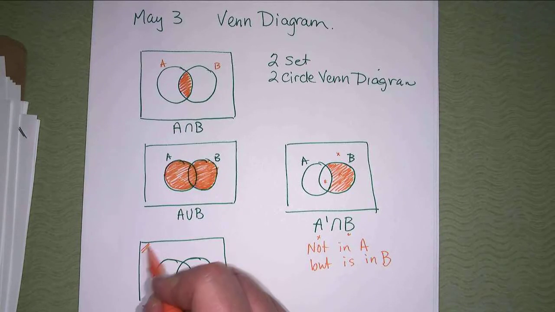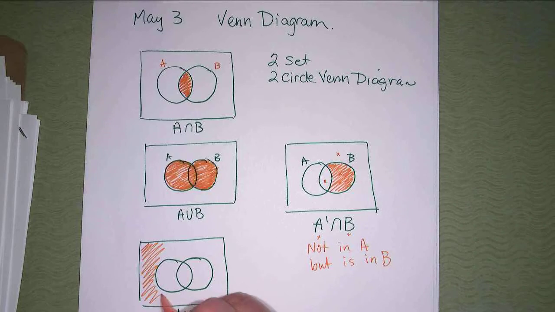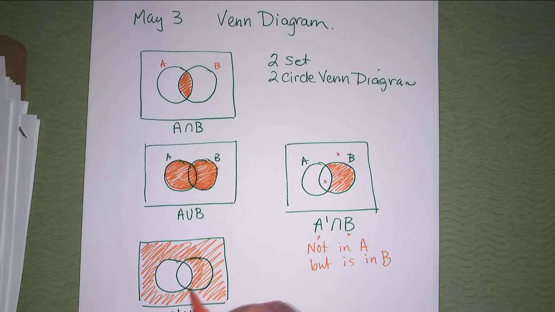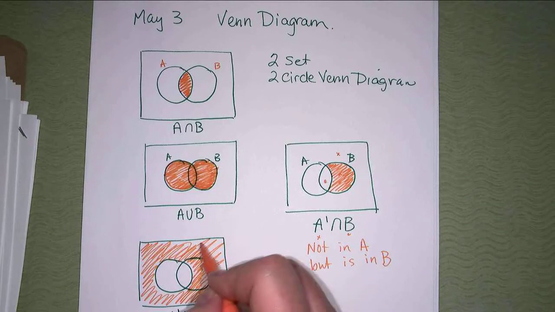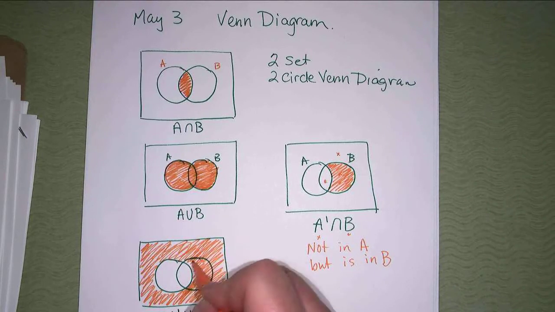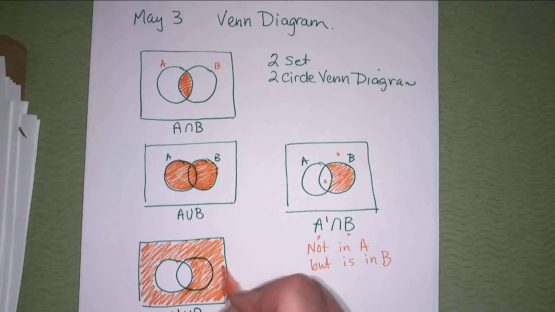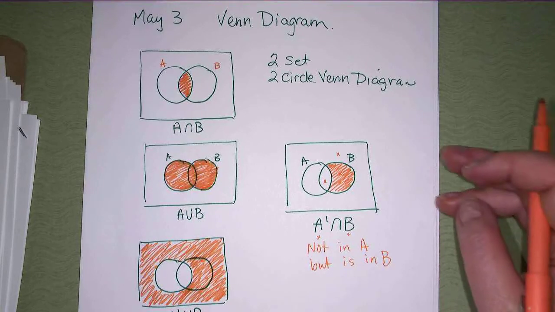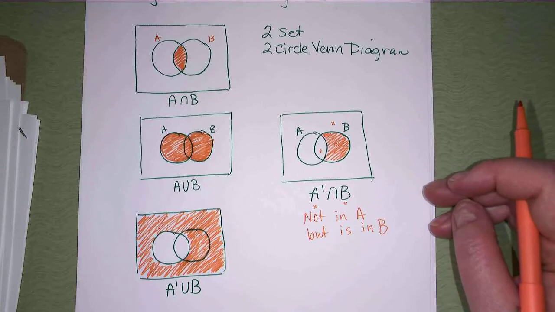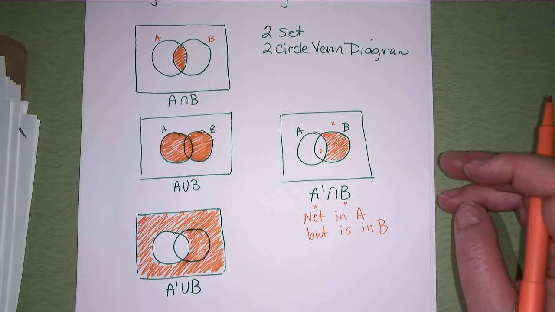If we did A prime, everything not in A, okay, so there's not A. And we want to union that with B. You just draw B on top of it.